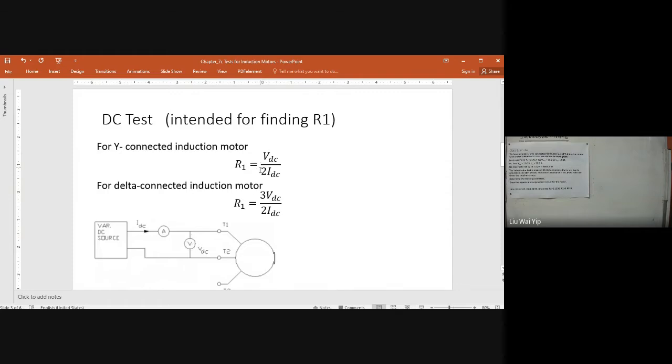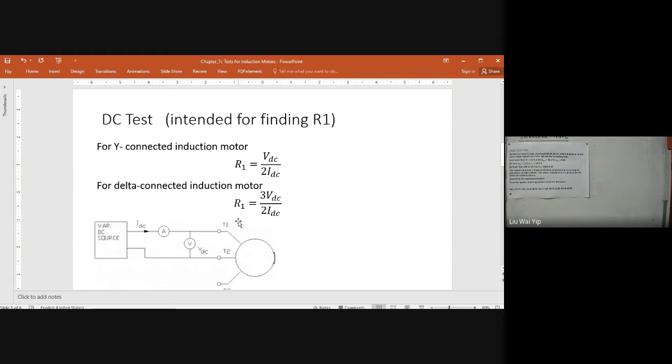Now the actual resistance that you are going to measure is the winding resistance, and there will be two winding resistances connected between one line and another.